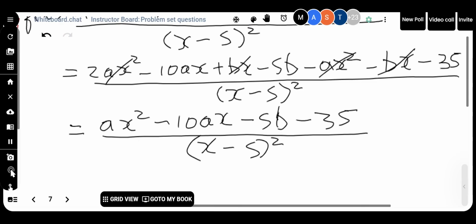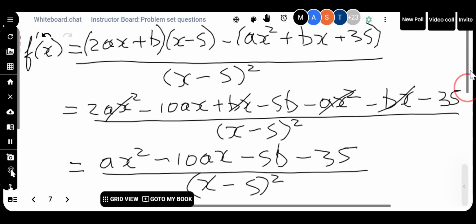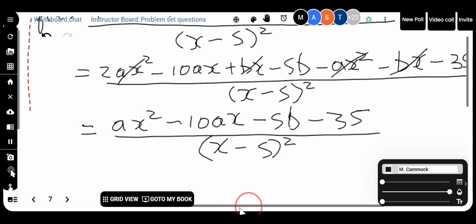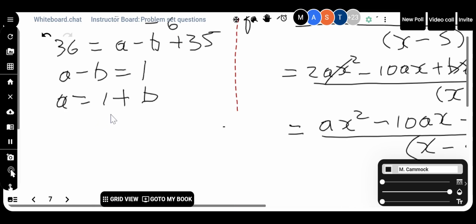So where do you think I need to go next? Now remember that we're saying that this thing here is going to be equal to, let me take you back to the original question. Okay, so ax squared minus 10ax minus 5b minus 35 all over x minus 5 squared. We also know that a is equal to 1 plus b.